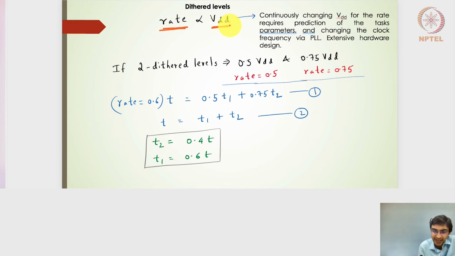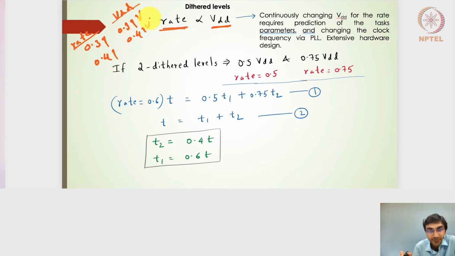So if tomorrow for task A the rate required is 0.39, then my VDD should also be 0.39 volts. And if the day after tomorrow I want to change this 0.39 to, let's say, 0.49, my VDD value should also be 0.49 volts.